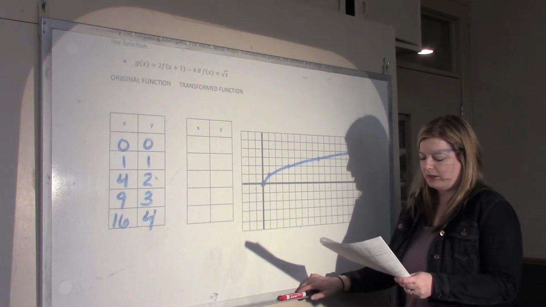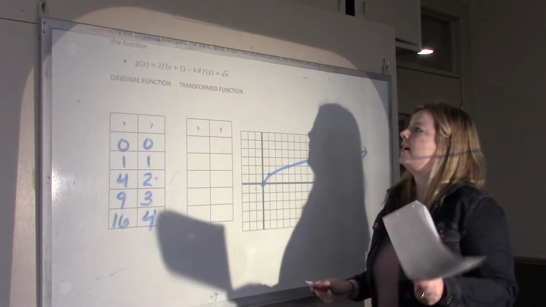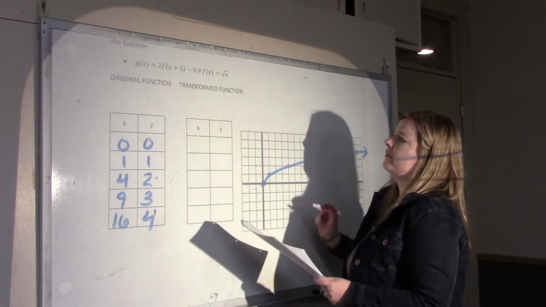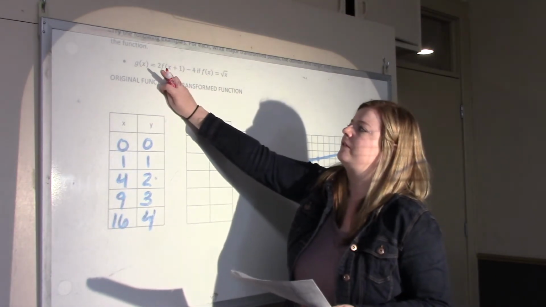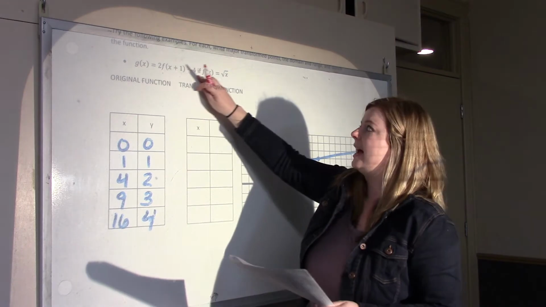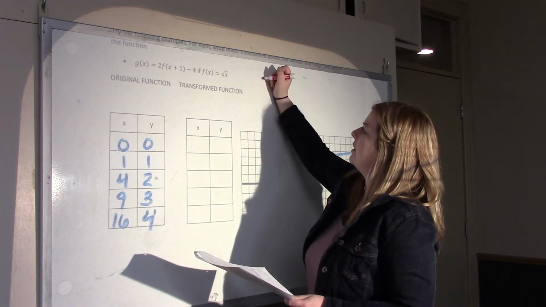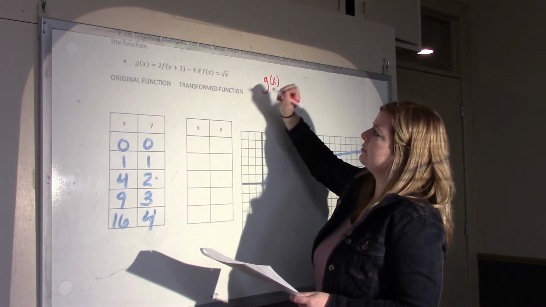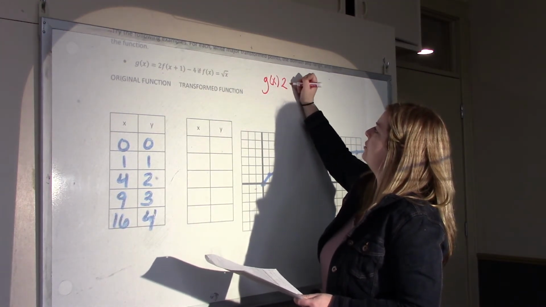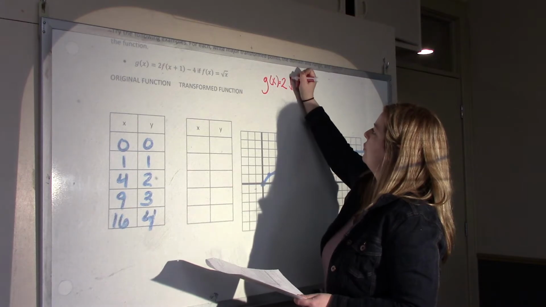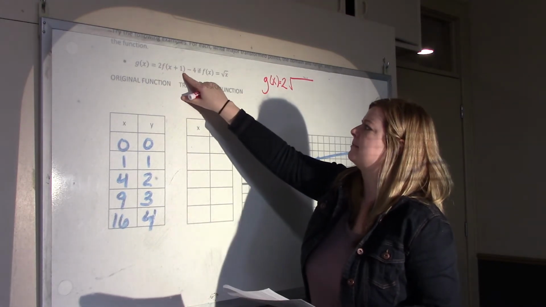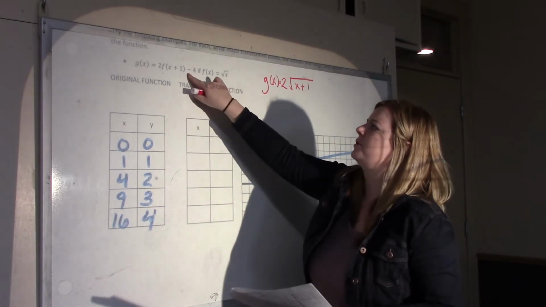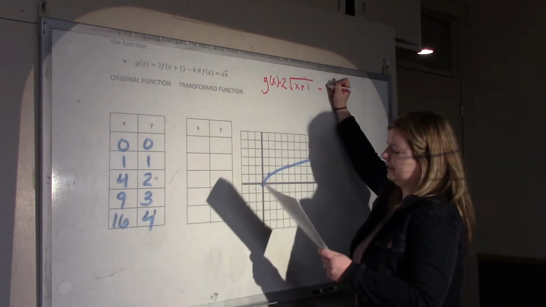So let's first identify what our parameters are, okay? So we can rewrite this. Notice this is in function form with the f, so it actually hasn't been written as a function yet. So let's do that. So g at x is going to be 2 times f at x, so 2 equals root, and then f at x minus 1, so the x minus 1 is under the square root, and then subtract 4 is on the outside.